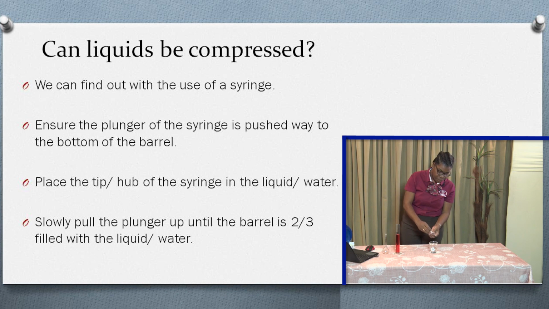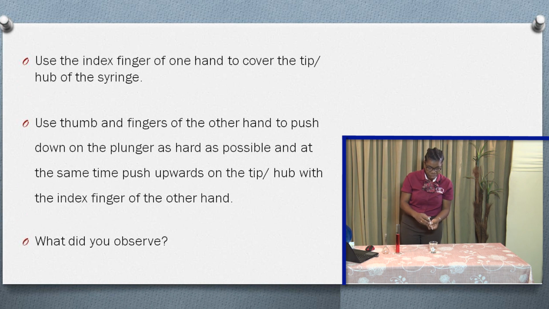Good? So the volume of this syringe is 3 ml, and therefore I filled it to the 2 ml mark, which is 2/3. All right. So what we are going to do here is try to compress this liquid.